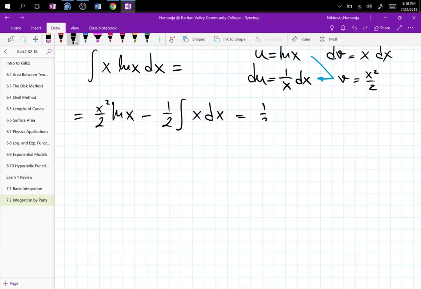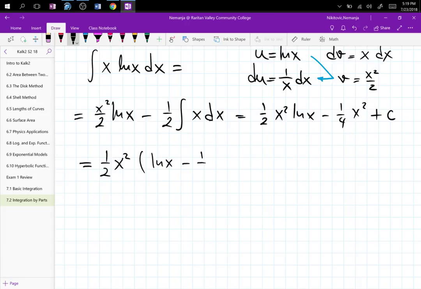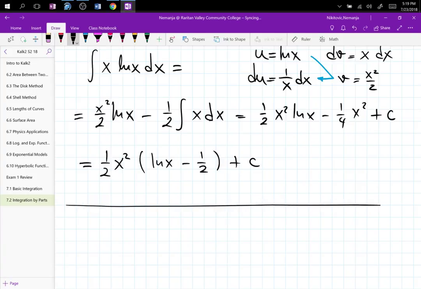So I have 1/2 x squared ln x minus 1/4 x squared plus c. Again, if you want to be cool, you factor out 1/2 x squared, and what's left is ln x minus 1/2 plus c. Those are all different ways to present the answer.